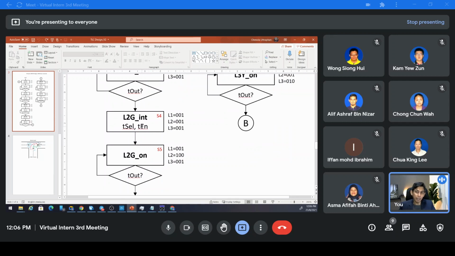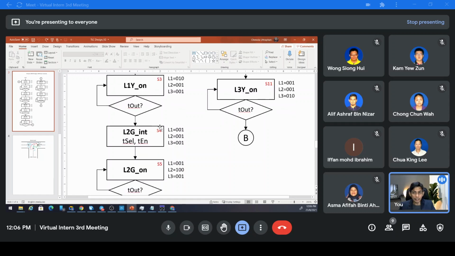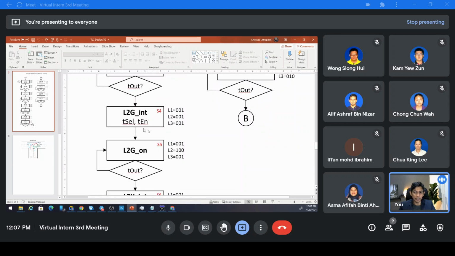But remember, in practice, from yellow it does not change directly to green here immediately. It will need 1 second or 2 for safety reasons so that all the lights are red first, right, before L2 turns to green. And the sequence is repeated actually. This is the same.